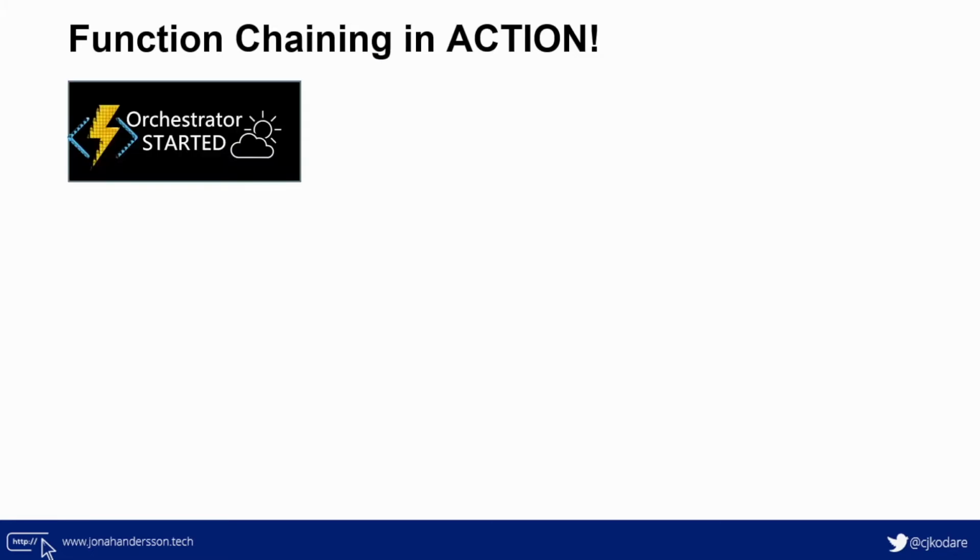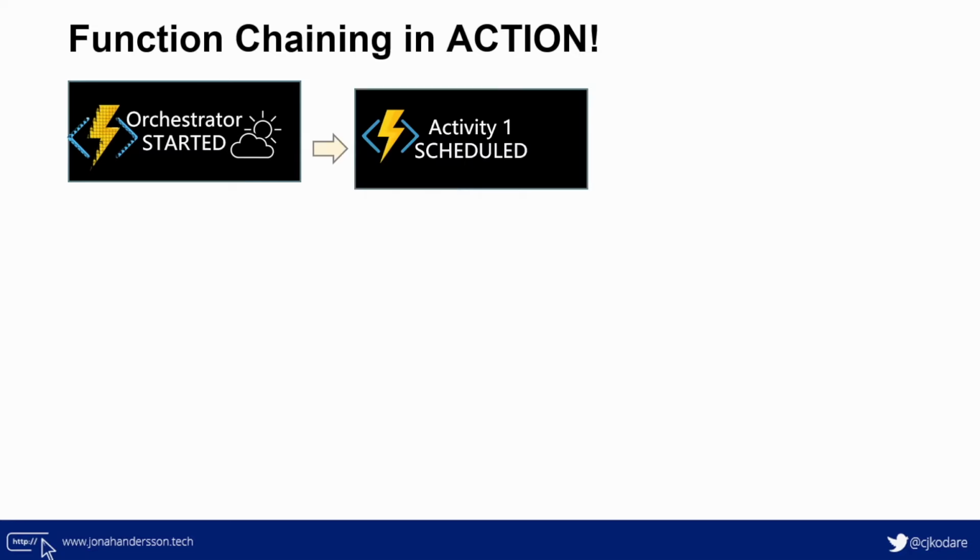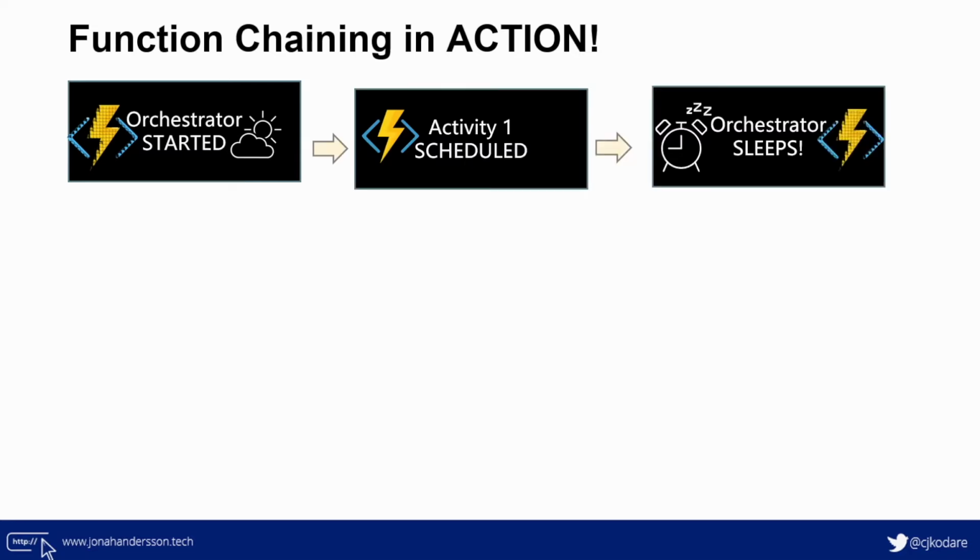So, for example, we have 2 activities, things or tasks to do, and let's say that you have a blob trigger, like you uploaded an image to cloud blob storage. That means it got triggered. This means the workflow started and the orchestrator started its work, and then activity 1 is scheduled. While activity 1 is doing its job, the orchestrator sleeps.